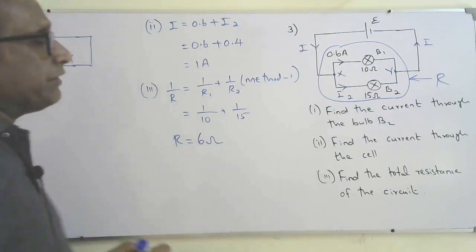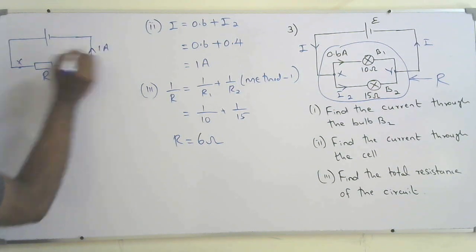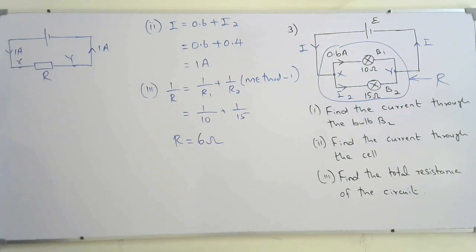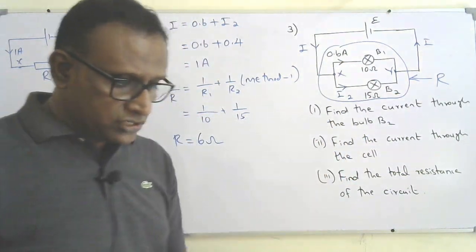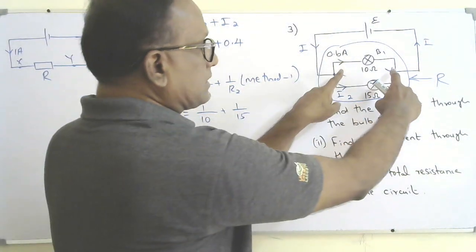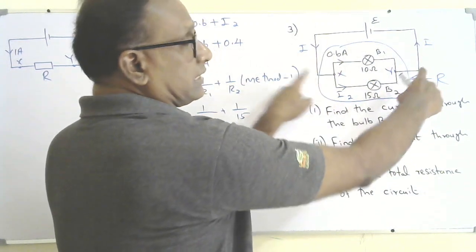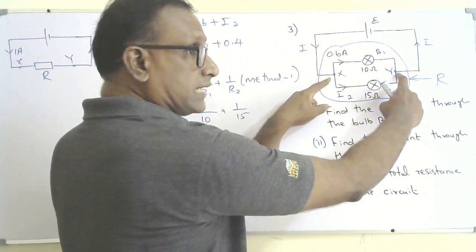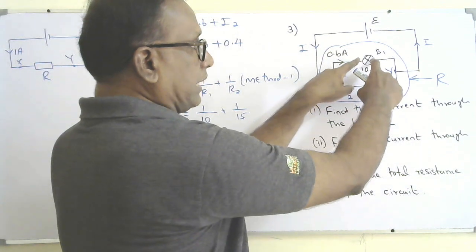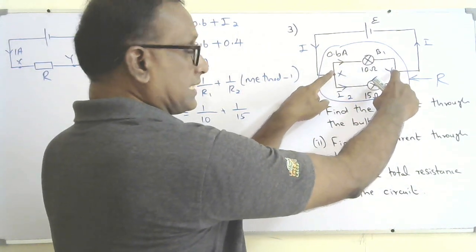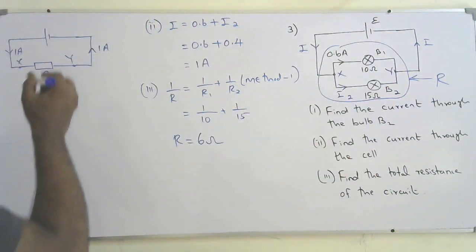So the current through the equivalent resistance should be same as this current. We know that is 1 ampere. The voltage across the junction is the voltage across the cell also. You can see that voltage across the junction will be same as the EMF because there is no resistance for the connecting wire. So voltage across the junction, we found in the first part, that is 6 volt, same as the voltage across the cell.